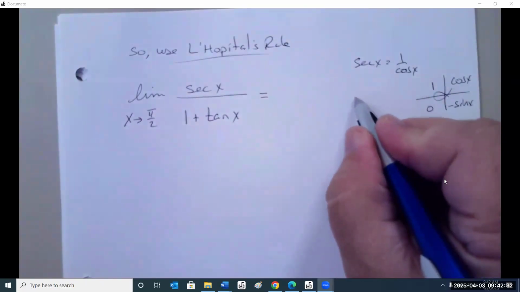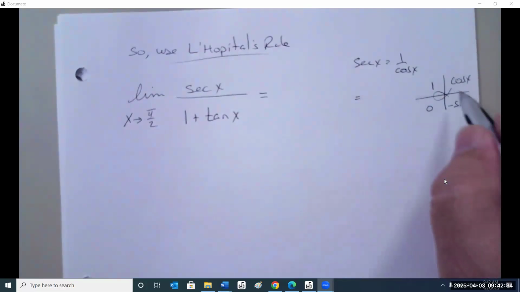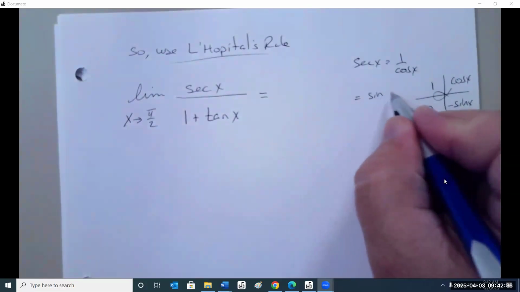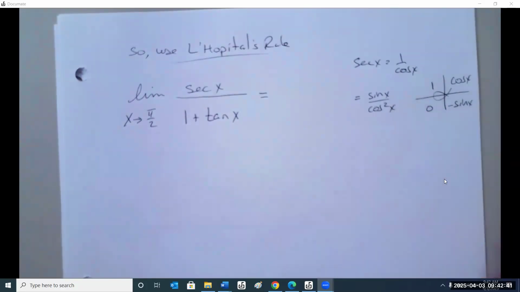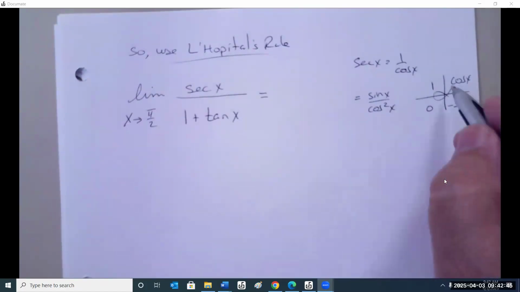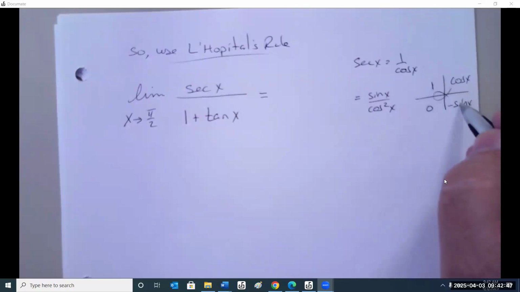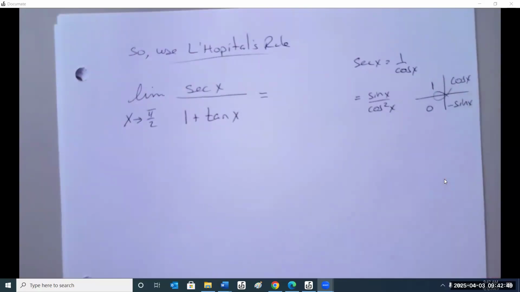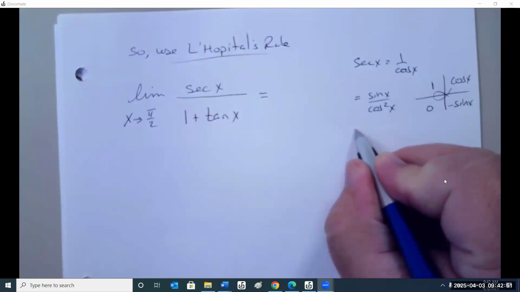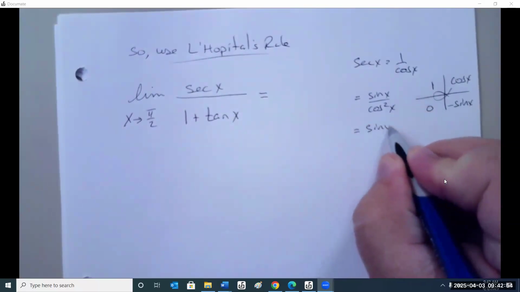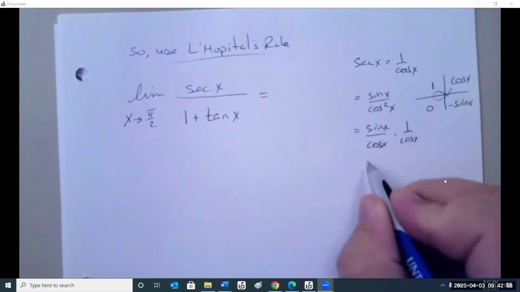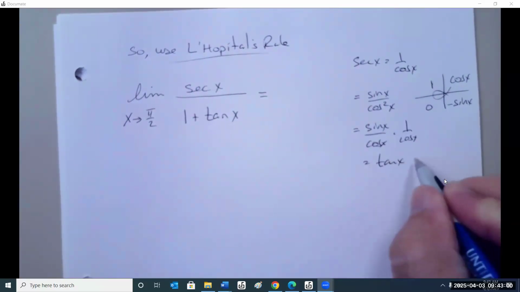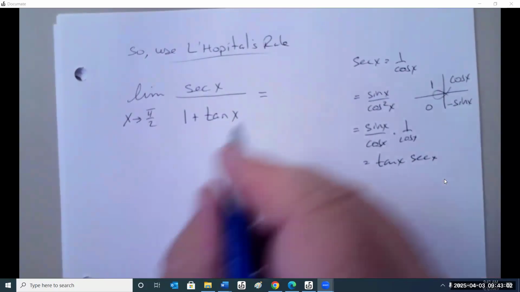So the derivative of it is going to give us sine x over cosine squared x. This is the quotient rule. This is cosine times 0 minus 1 times that, which makes it positive. So this is sine x over cosine times 1 over cosine, which is tangent secant.